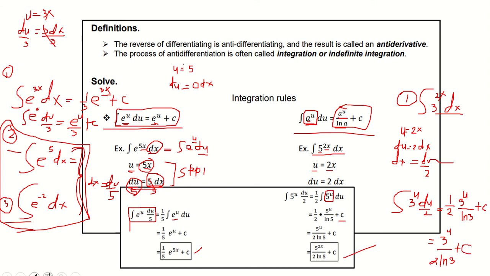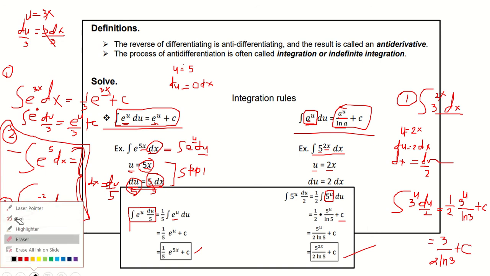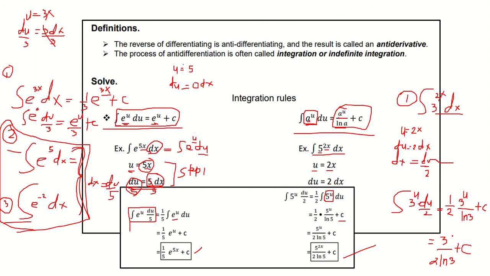U ba't ang ilalagay sa final answer? This is 3 to the power of 2x over 2 ln of 3 plus c.